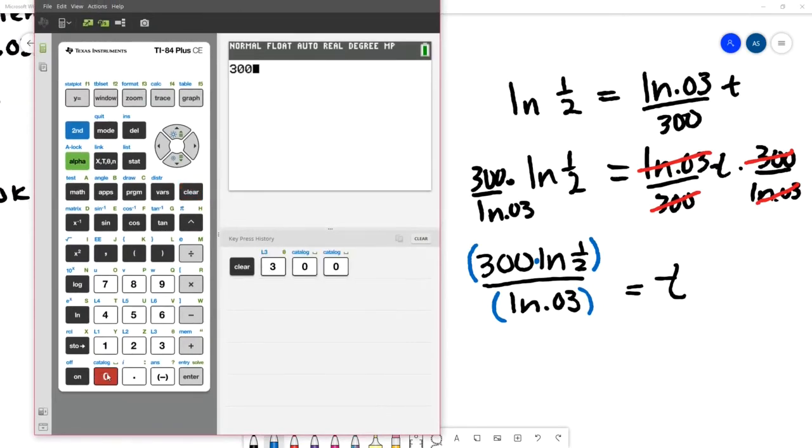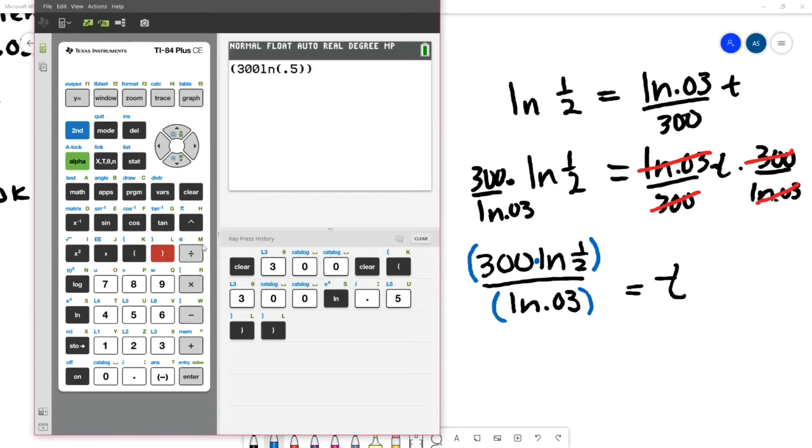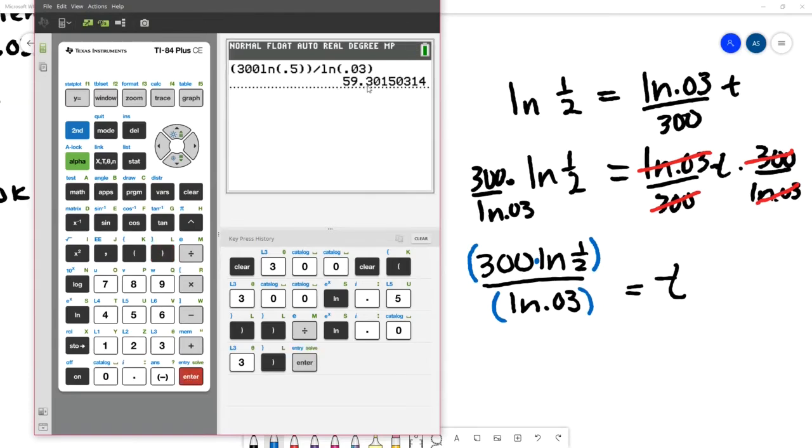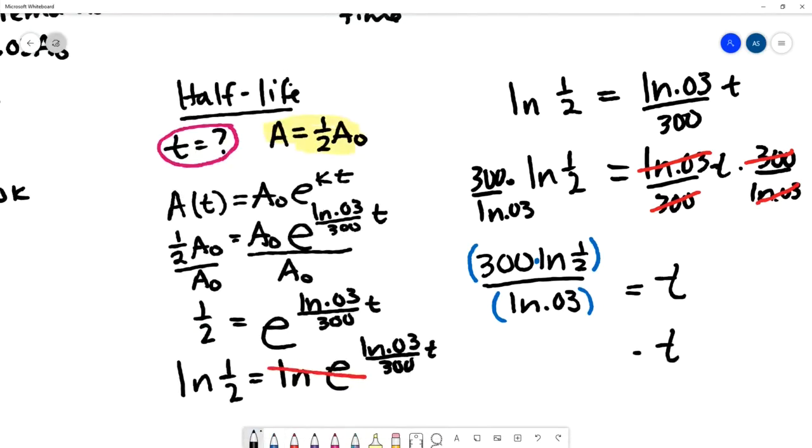We have parentheses 300 natural log of 0.5, that's the same thing as 1/2, over natural log 0.03. And we get 59.3. So this radioactive material has a half-life of 59.3 days.